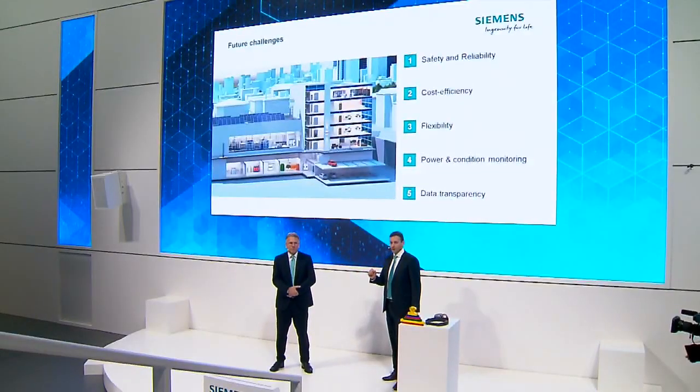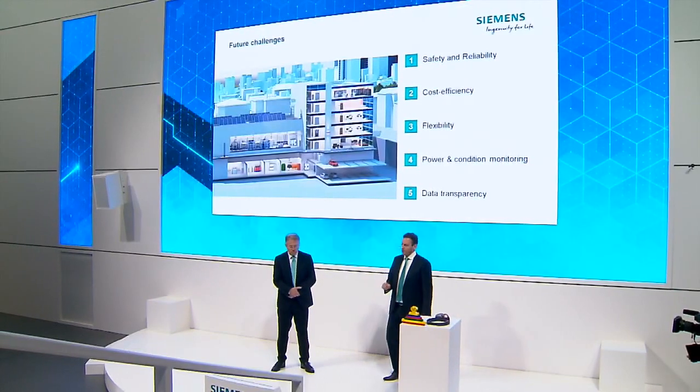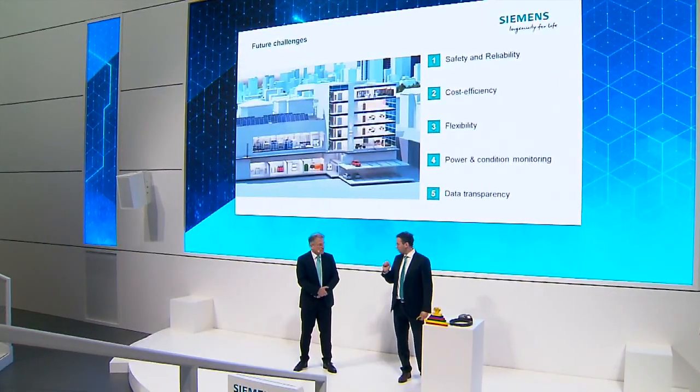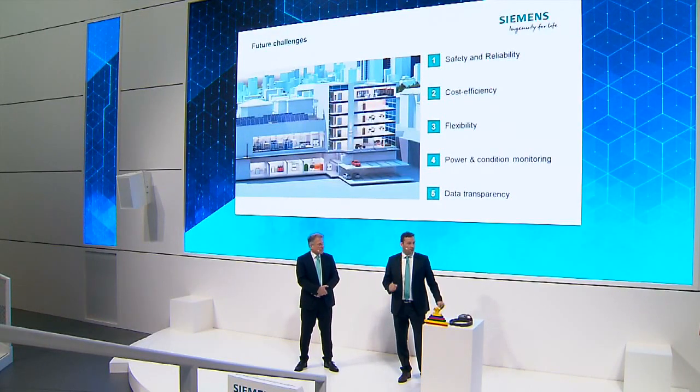Yes, you're right. And when we are talking about planning, we should also consider power monitoring, energy monitoring, and condition monitoring. Besides, we also need to set the base for future applications like MindSphere. I fully agree. In my opinion, digitalization is the key to pave the way to the future.